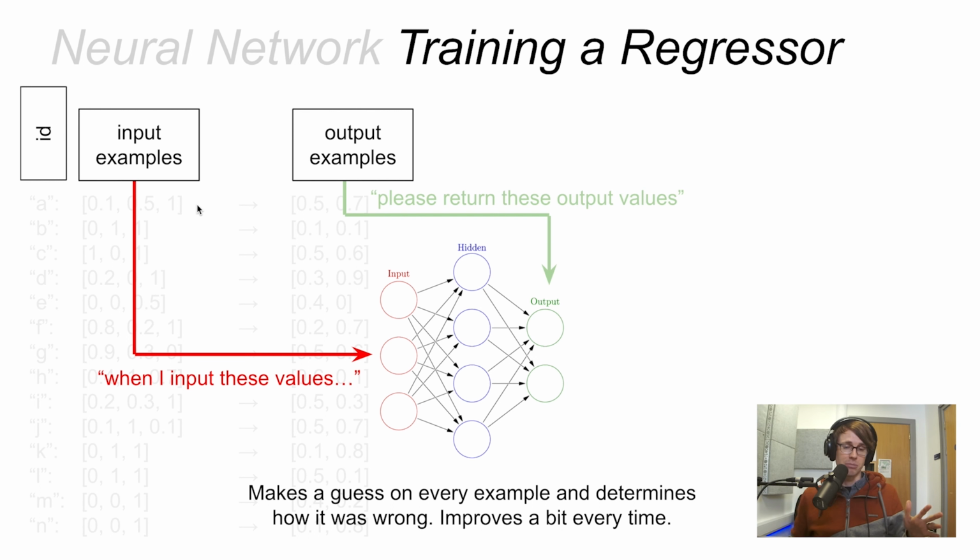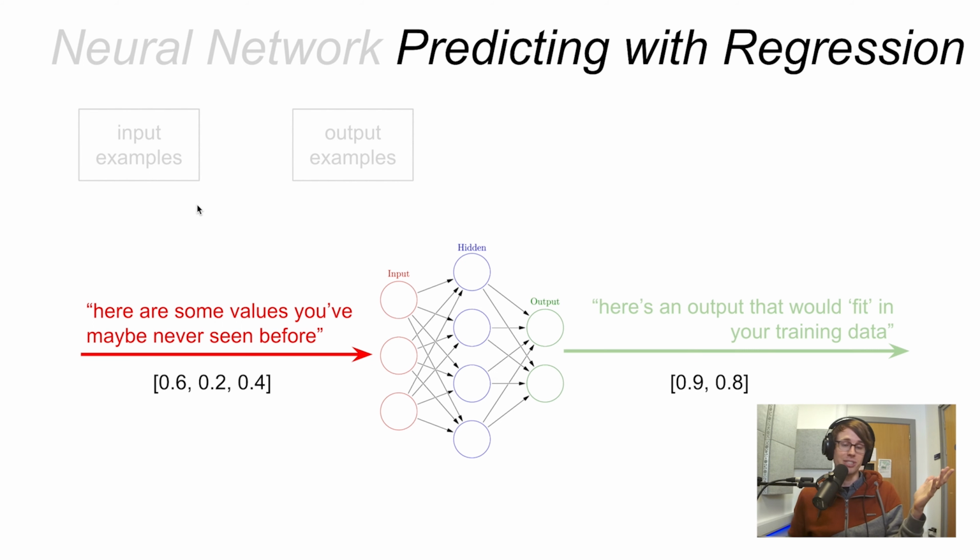So after this training is complete, we're able to show it some values that it has maybe never seen before. And it's able to respond with an output that, although it is not an example that I showed it, would fit inside of the training data that I did train it on.